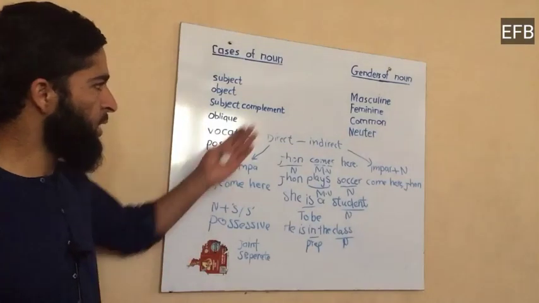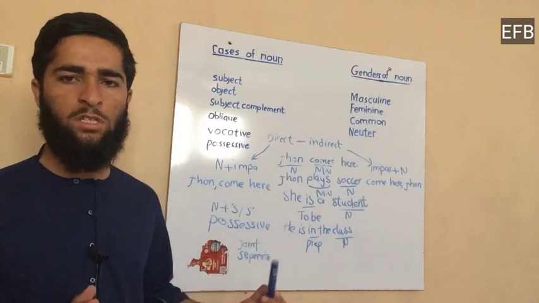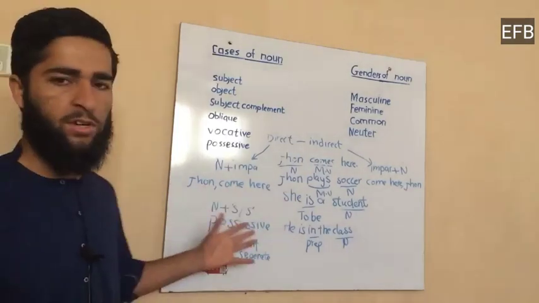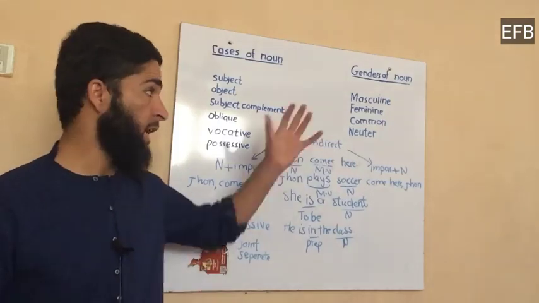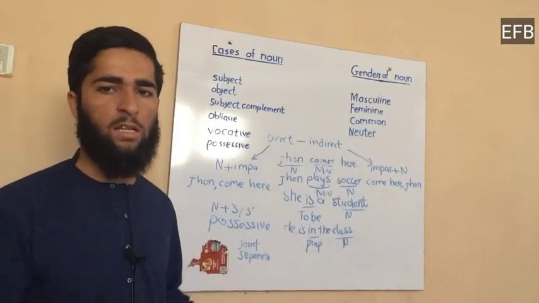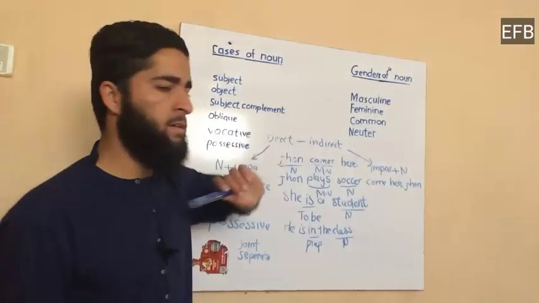Moreover, let's talk about the genders of noun. It has 4 genders. They are so easy to understand. I'm not going to write a lot of examples because in cases we need them, but in genders we need not write a lot of examples. The first one is masculine gender.